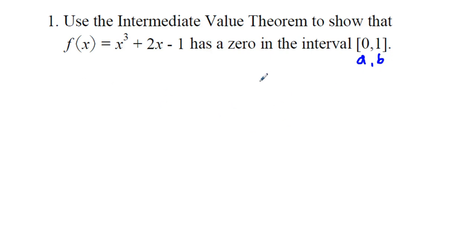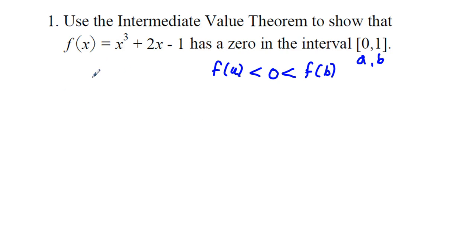And what we're looking for is, does 0 reside somewhere between f of a and f of b? The values could be different, and f of a and f of b can be reversed. So that's what we're looking for.